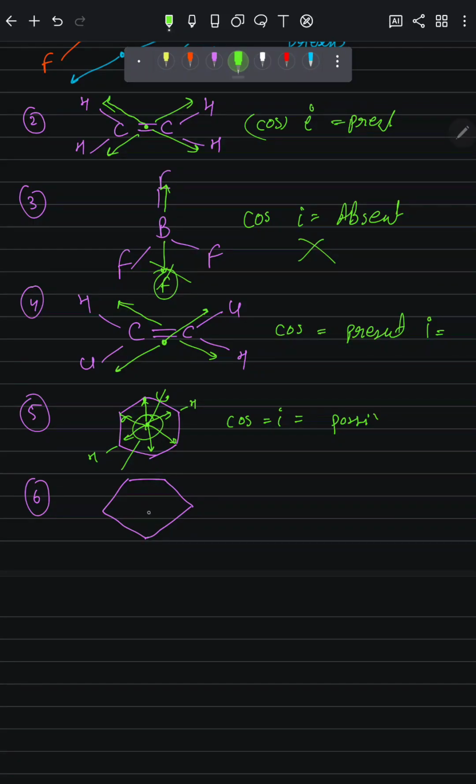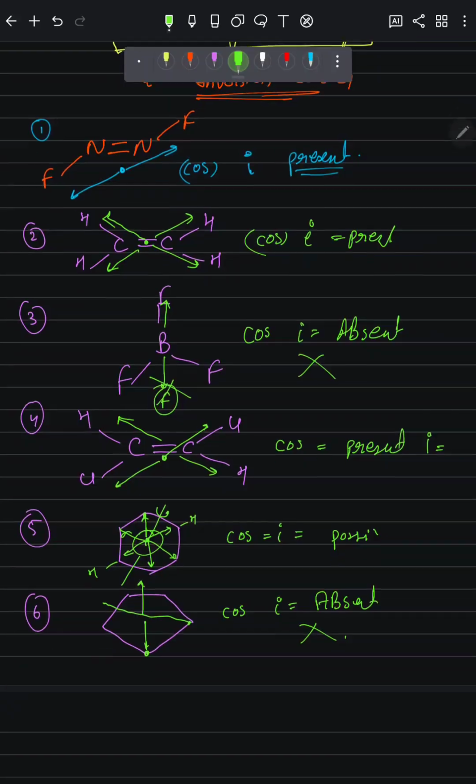Let's look at this one: if we put one carbon here, there is carbon on one side and nothing on the other, so the center of symmetry, or inversion, is absent here. So these are some examples of the center of symmetry and how to find it.